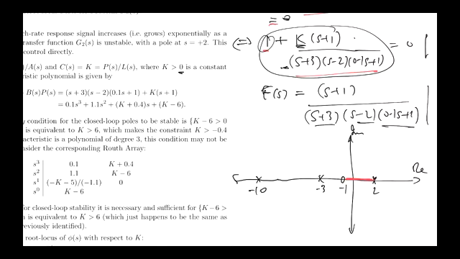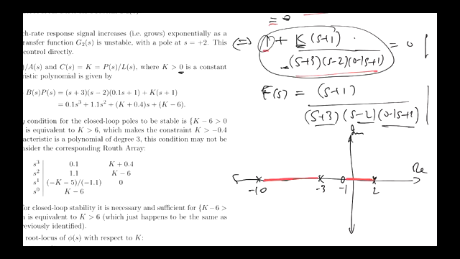This segment will be because it sits to the left of 1, 2, 3. This will not be part of the root locus because it sits to the left of 1, 2, 3, 4. It's all about satisfying the phase condition.